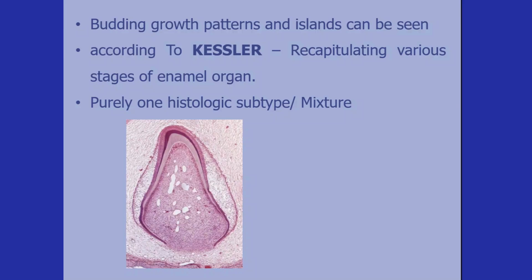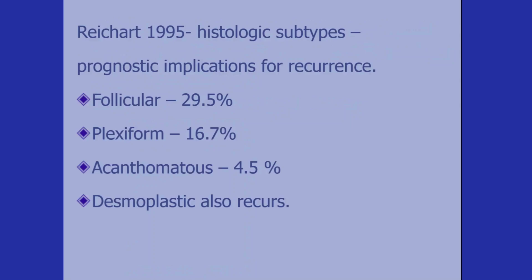According to Kessler, they actually recapitulate various stages of the enamel organ. Purely one histologic subtype can be present out of the six types which are discussed, or a mixture of these can also exist. For example, the follicular type can exist with the acanthomatous type.